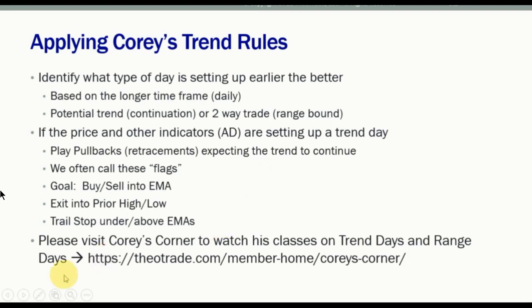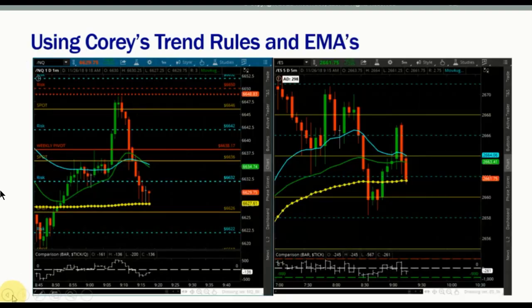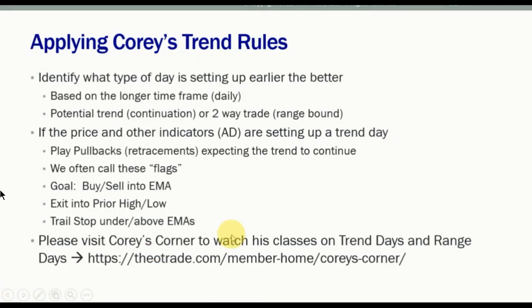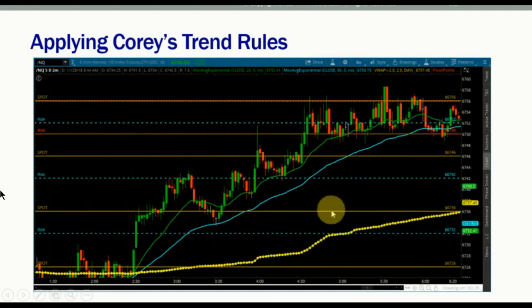I'm kind of breezing through this, if you will. Simply put, this is a visual example of a trend day where he is saying buy the pullbacks and trail under the EMA.